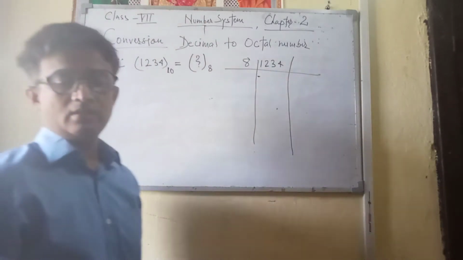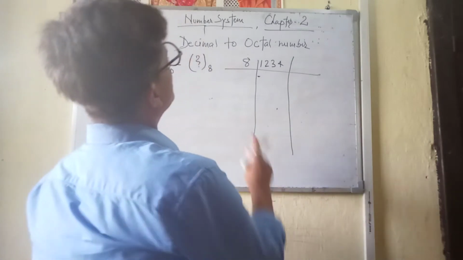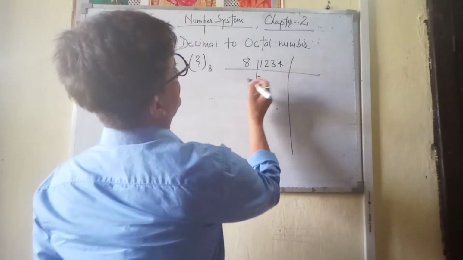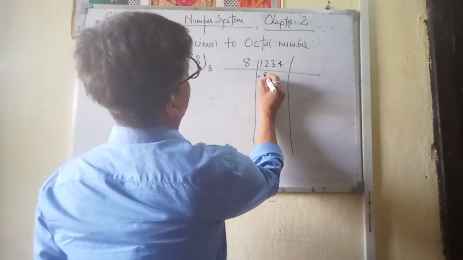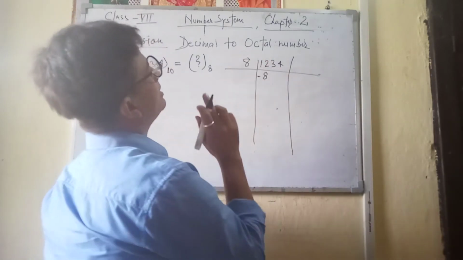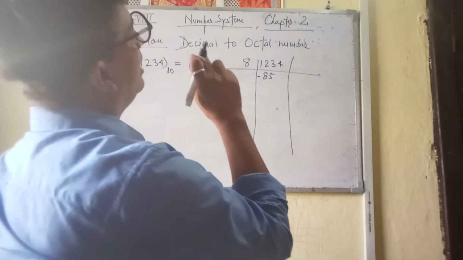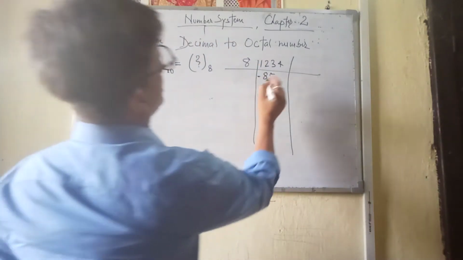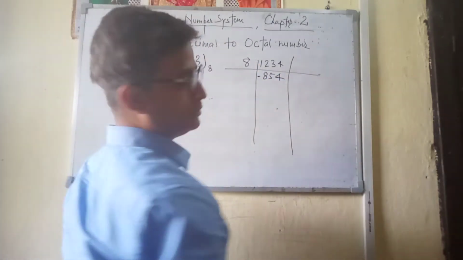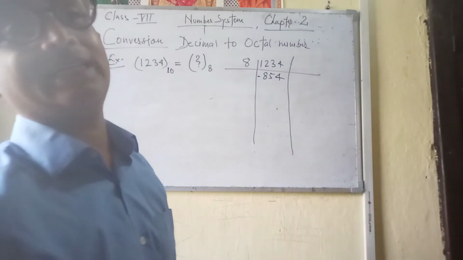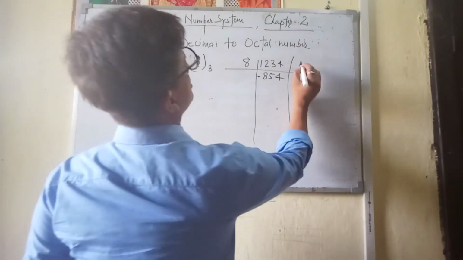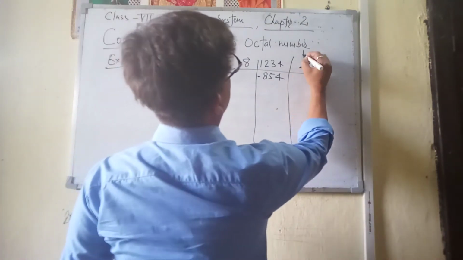Initial digit: 8 ones are 8. 4, 3: 8 fives are 40. 3 and 4: 8 fours are 32. What did we get? The remainder as 2. So write here 2.